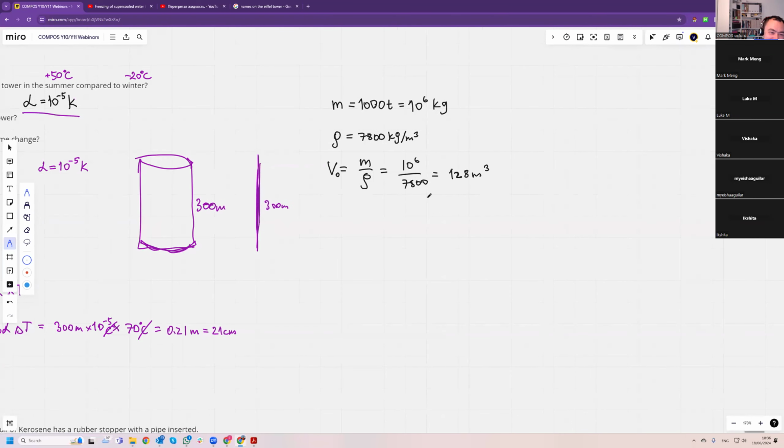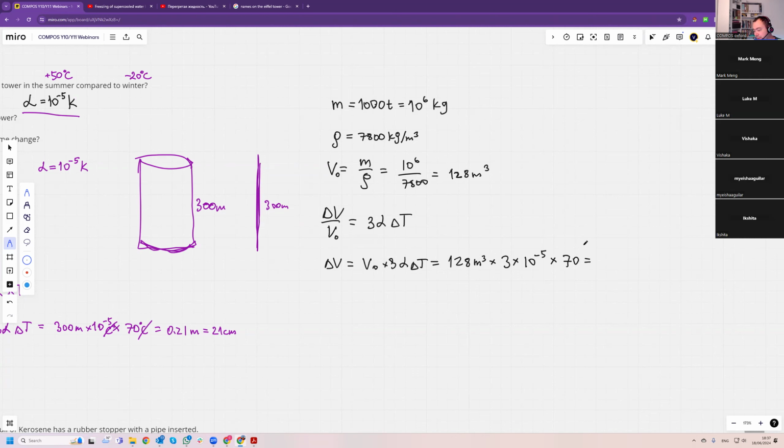Anyways, the volume is about 100. So the change in volume, we already know, is V0 times 3 alpha delta t. Therefore, the change in volume is V0 multiplied by 3 alpha multiplied by the change in temperature, which is 128 cubic meters multiplied by 3 multiplied by alpha, which is 10 to the minus 5, multiplied by the change in temperature, about 70 degrees.